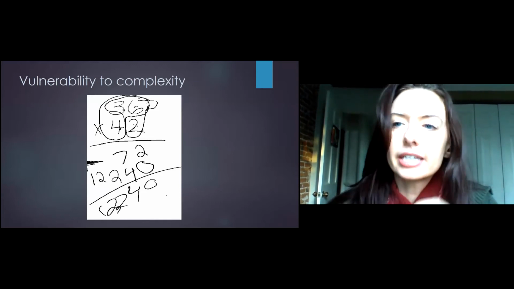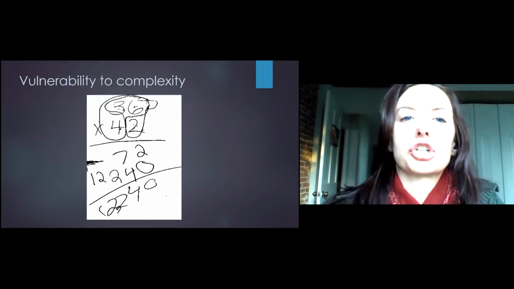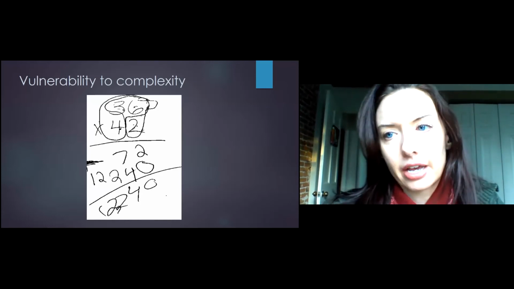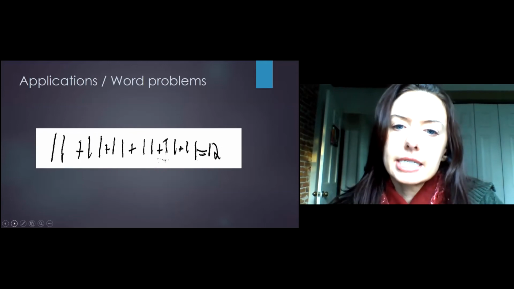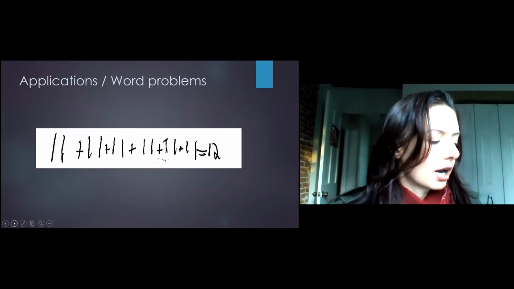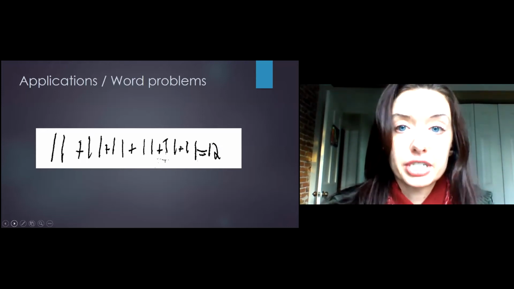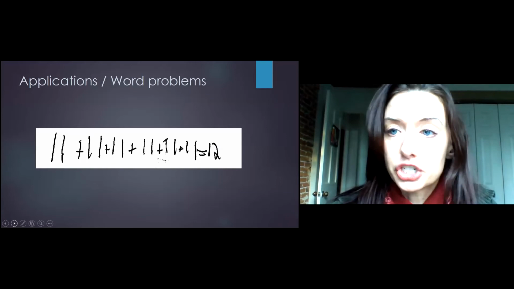So I really always work with students about estimating first. That should always be our first step because that helps us with our self-monitoring. The other thing I see is students using very primitive or inefficient approaches. So this is an example in a word problem or an application.